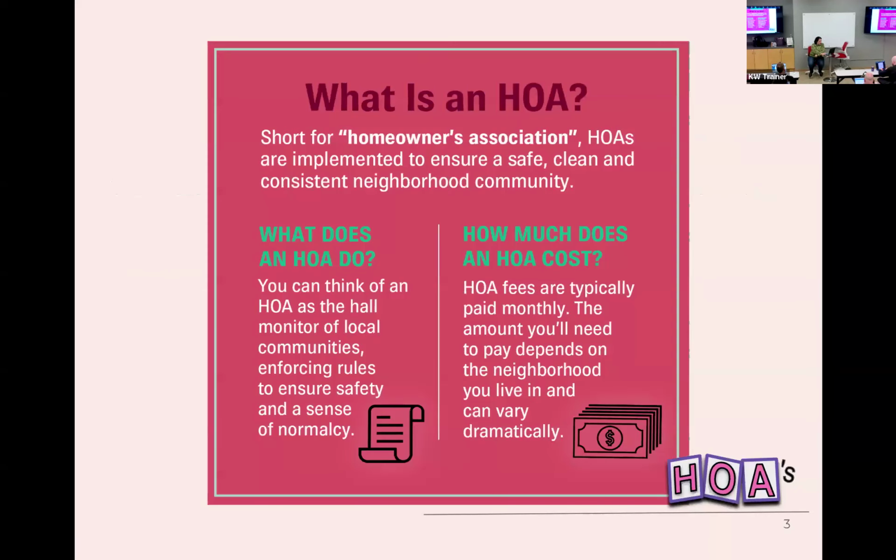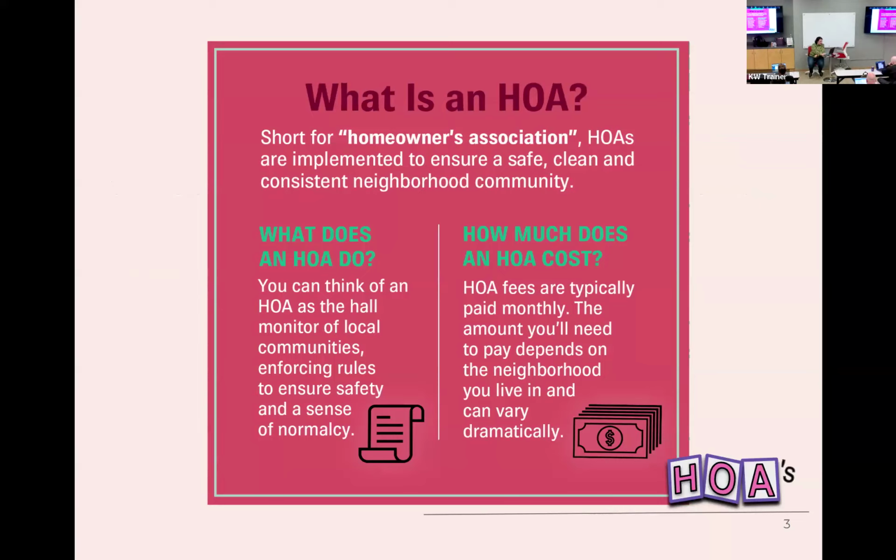You can think of it as a hall monitor, enforcing rules and safety. I think it's more rules than safety. And how much does it cost? They're typically paid monthly and it depends on the neighborhood.